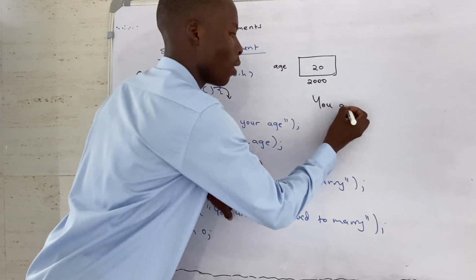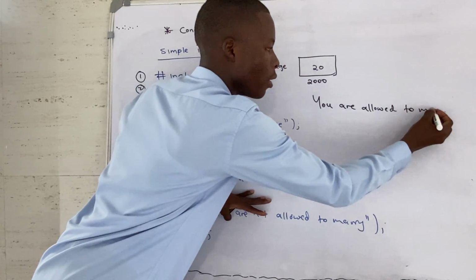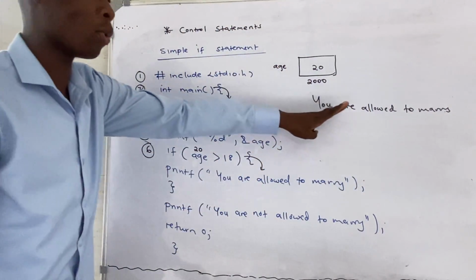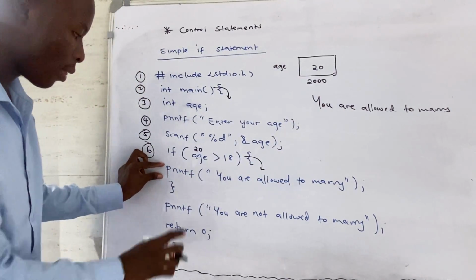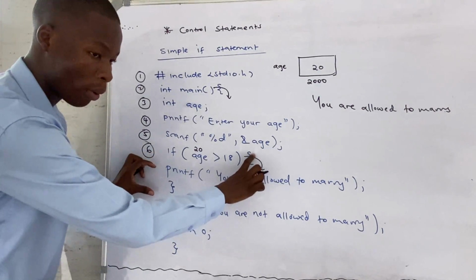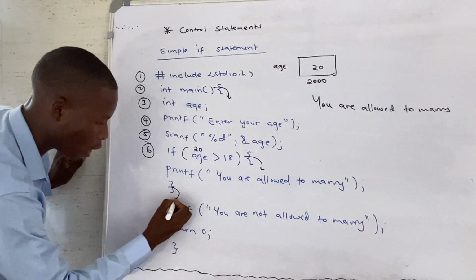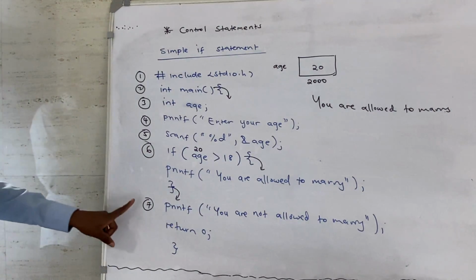You are allowed to marry is going to be printed. After the execution of this statement in the if block, the compiler will leave the block and it will check statement number 7. What is there?